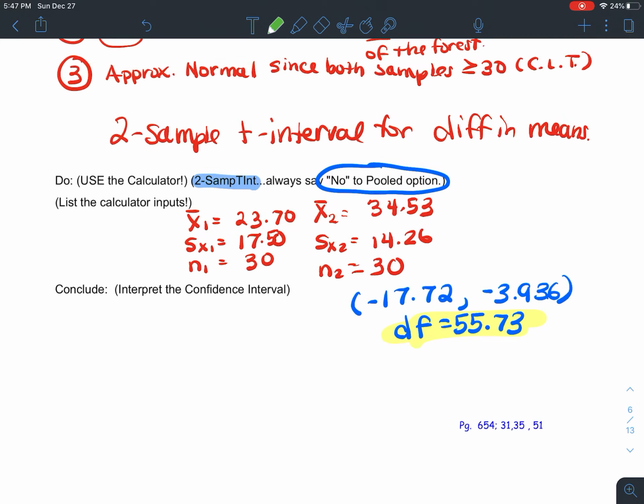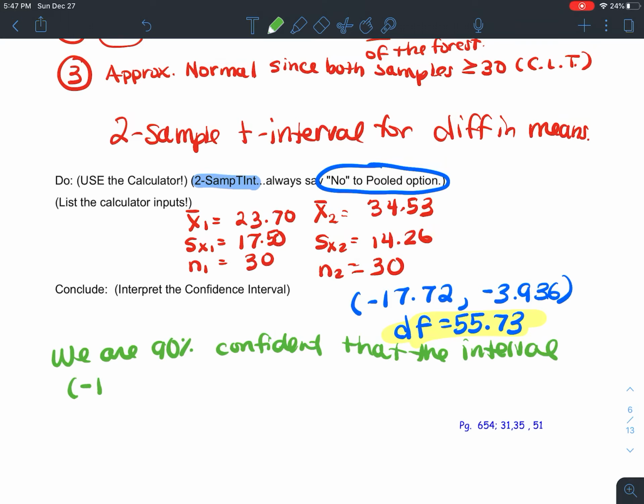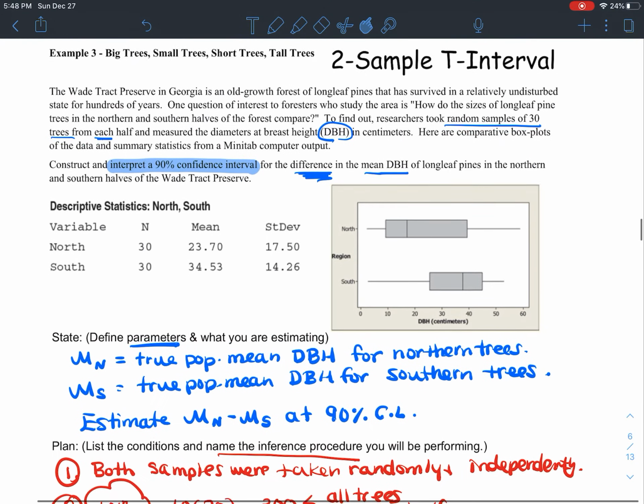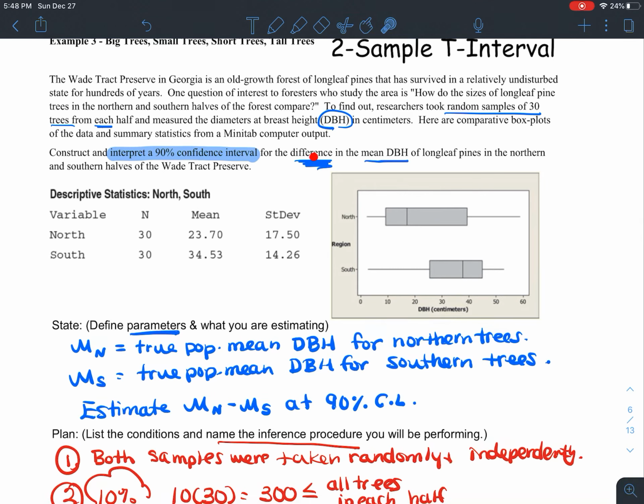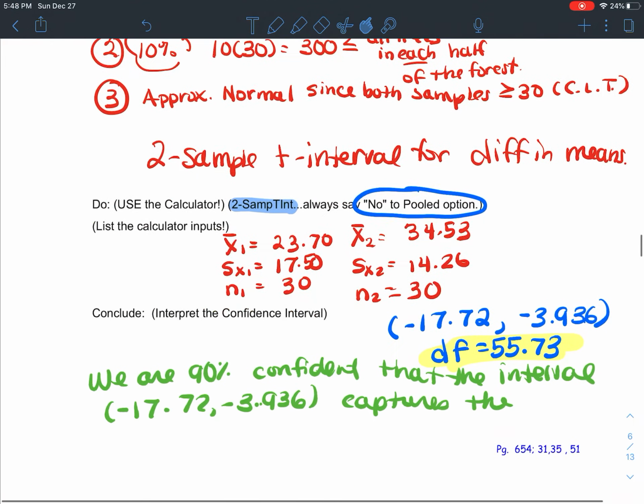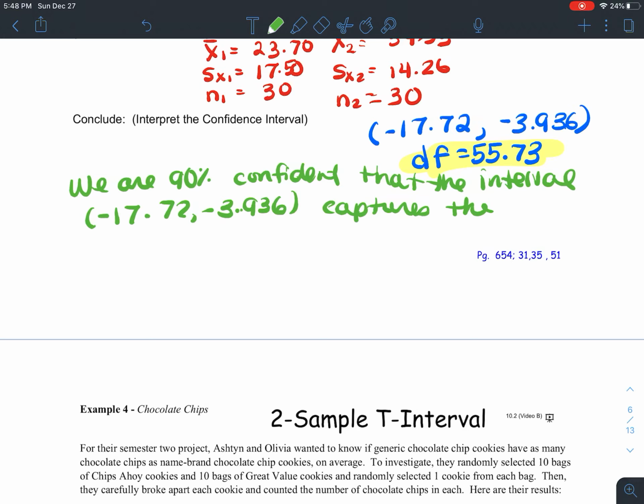How we draft all of our confidence interval sentences, we say we are 90% confident that the interval, then we state the interval here, captures, now what are we capturing here? If you look all the way back up at the original problem, it will define for you right here, this is what we're looking to capture: the difference in the mean DBH of longleaf pines in the northern versus the southern trees.